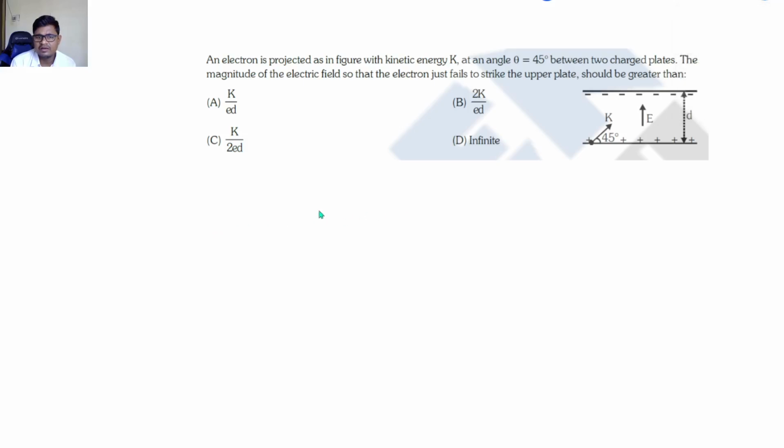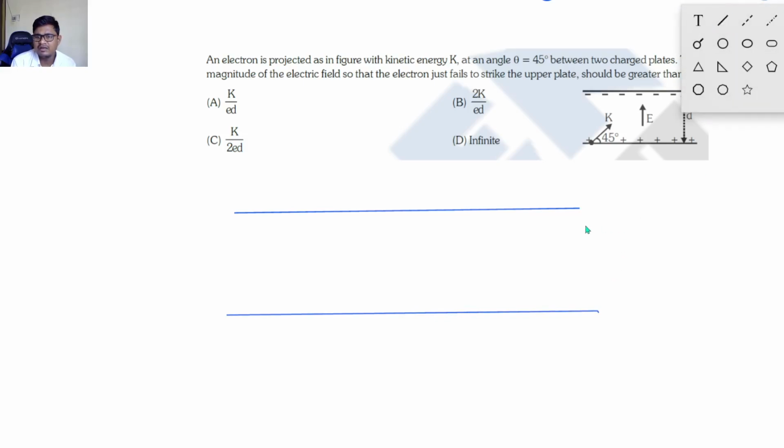So let us consider this is the upper plate surface, and this is the lower plate surface. The separation between them, from here to here, is D, and the electric field, E, is directed upward.